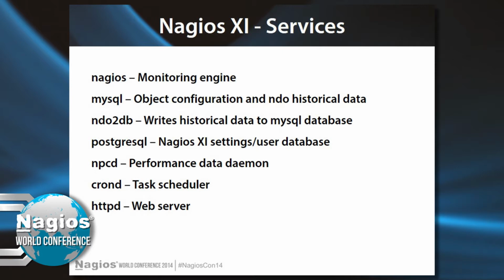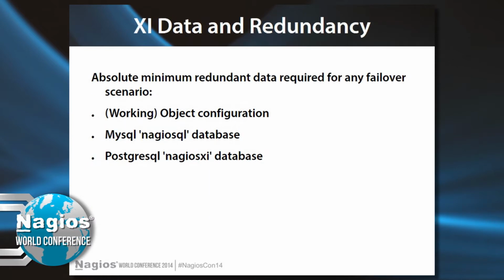The services you need to be aware of: Nagios, MySQL, NDO2DB, Postgres, NPCD, crond, and your Apache web server. Some of these can be clustered, some of them really shouldn't. They need to travel with the primary volume, and they shouldn't be fenced somewhere else.